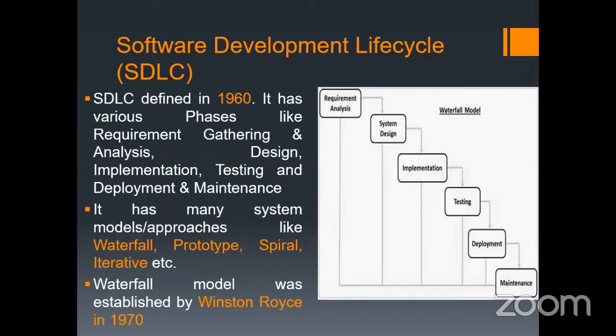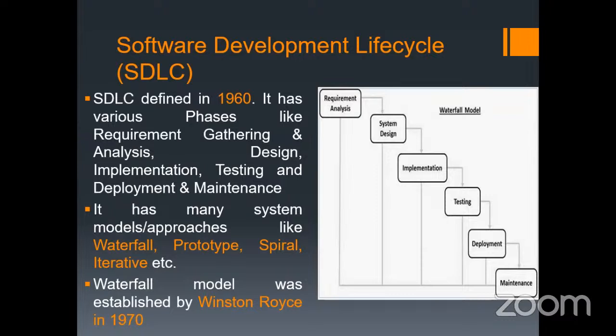Before starting Agile, the prerequisite is that you must know what software engineering is, and in software engineering, you must know what the software development lifecycle is. That is SDLC. It was first defined in 1960 and it has many phases like requirement analysis, system design, implementation, testing, deployment, and maintenance.